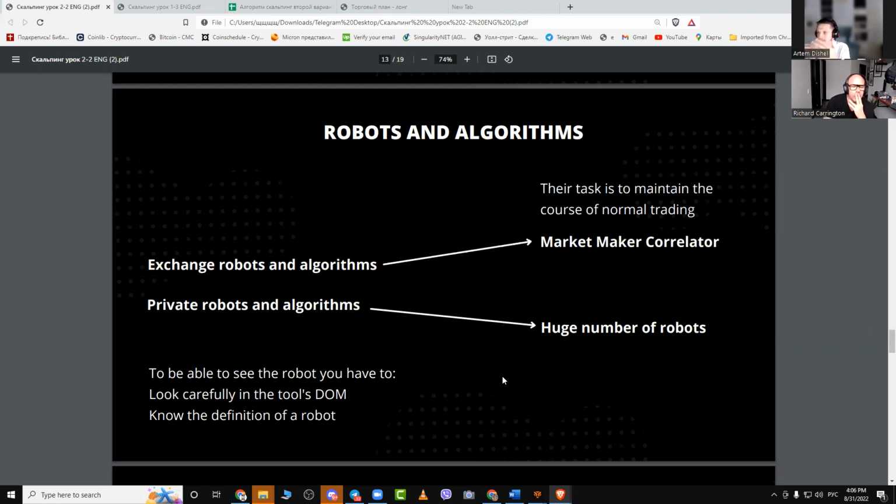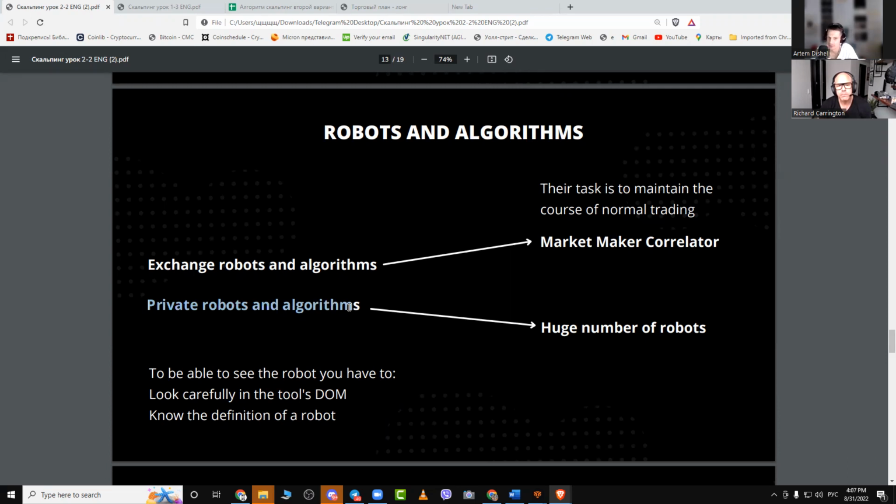You can write a robot, and this robot buys and sells when your indicator shows. The private robots and algorithmics are a huge number. But the exchange robots and algorithmics are the market maker and the correlator. Their task is to maintain the course of normal trading. To be able to see the robot, you have to look carefully in the tools, depth of market.